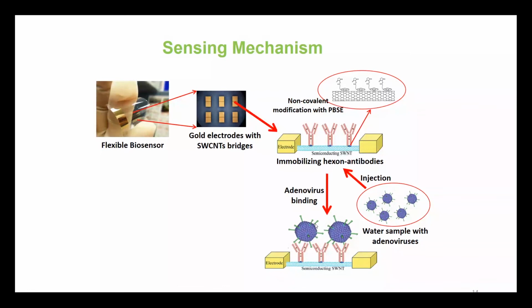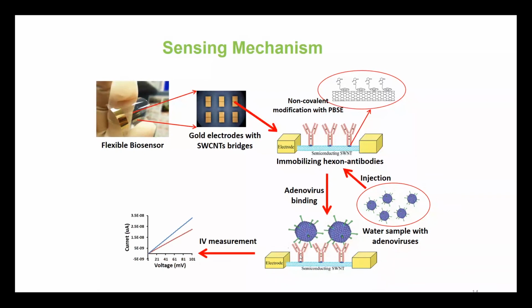And in the literature, they said there are up to 200 hexon proteins around the adenovirus. So think about at least 100 of the antibodies grabbing one virus. So it is quite a stable attachment, quite strong capturing.